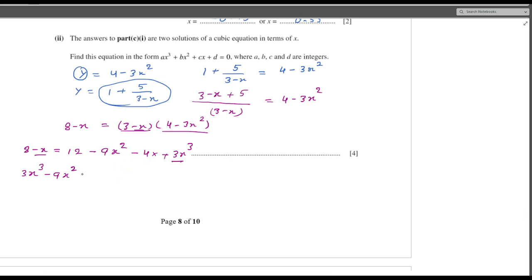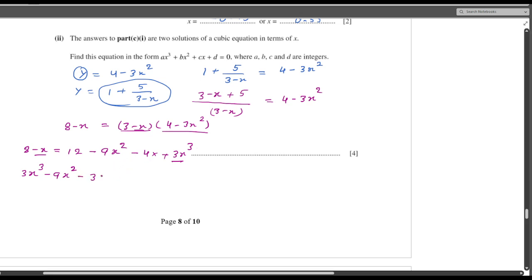So minus 4x plus x is minus 3x, and then this 8 will move to the other side, so 12 minus 8 is 4, equal to 0. So this is your final answer: 3x cubed minus 9x squared minus 3x plus 4 is equal to 0.